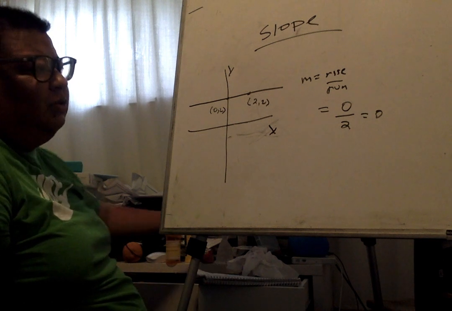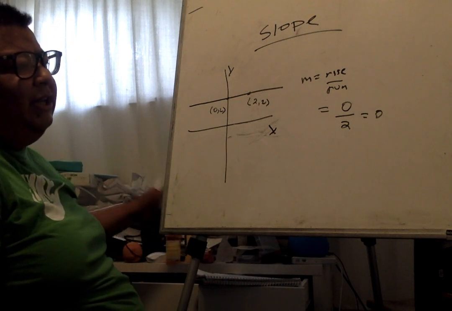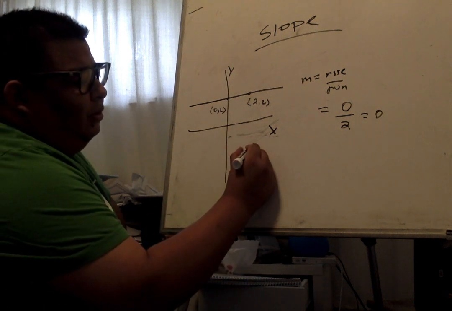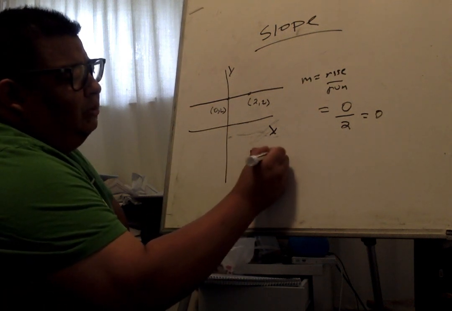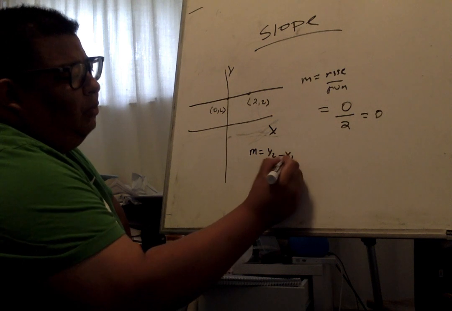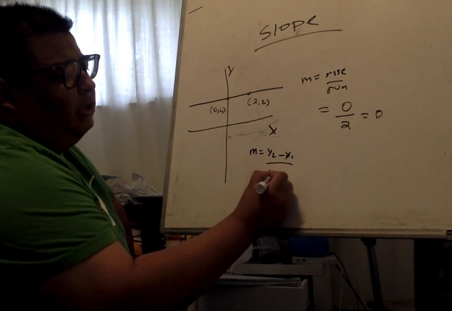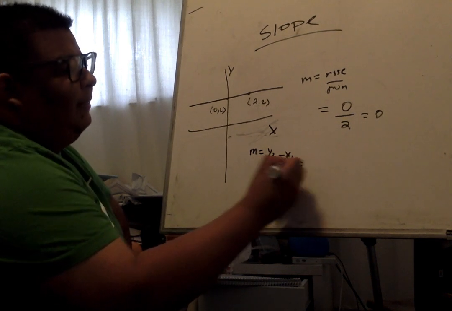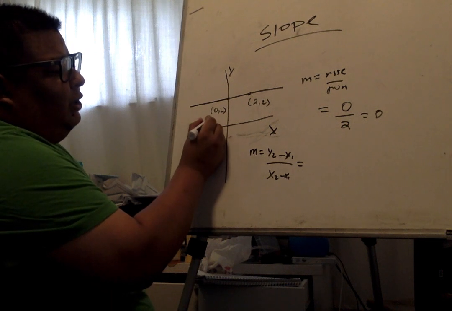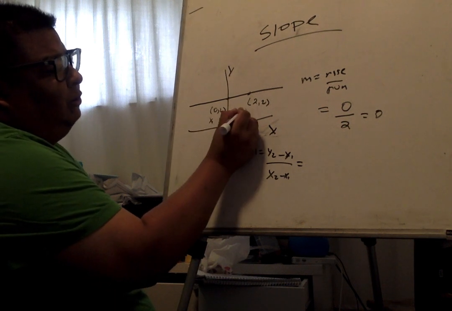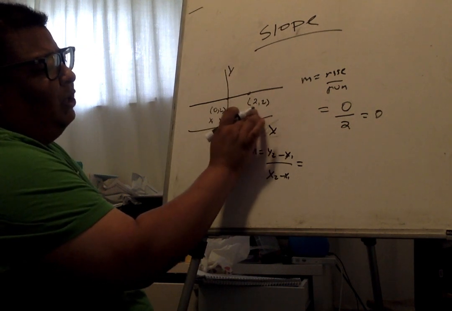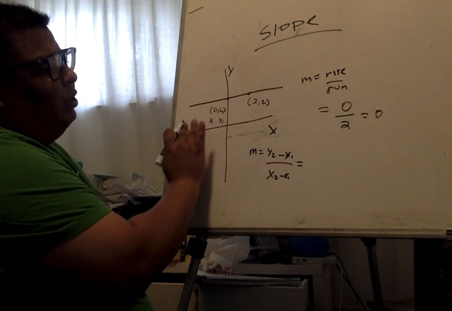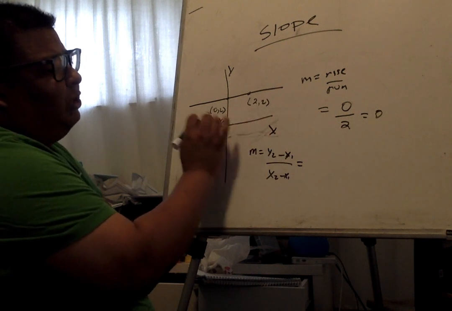Now we're going to prove that that's the case. So remember, the slope formula is y2 minus y1 over x2 minus x1. So let's call this one x1, y1. You can pick whichever you choose, as long as you stick to it.